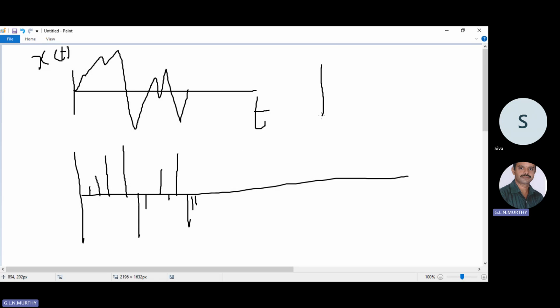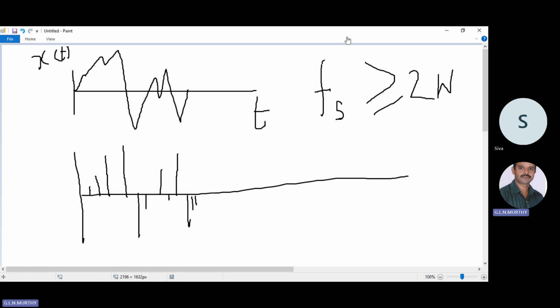Fs is the sampling rate, and W is the highest message frequency. So the sampling theorem defines the condition for efficient reconstruction of the original message signal. Sampling is the fundamental tool for converting continuous time to discrete time, which enables the use of digital technologies.